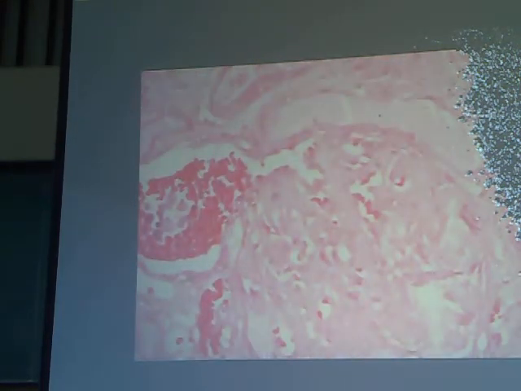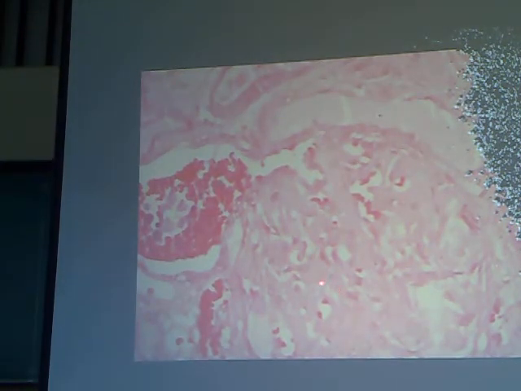But the first part of the kidney to be deposited with the abnormal protein is the mesangial space, or the mesangium. So, there is significant distance amongst the capillaries.